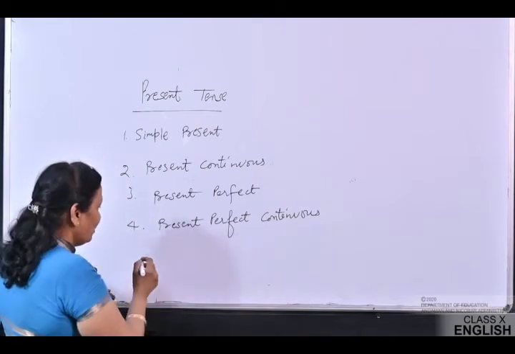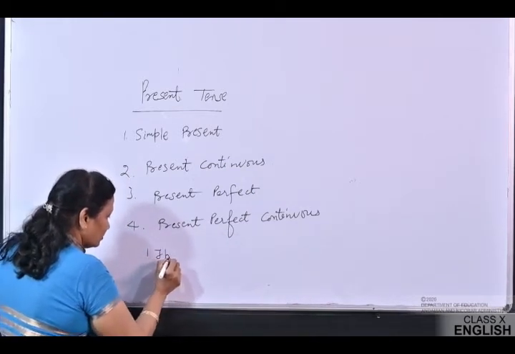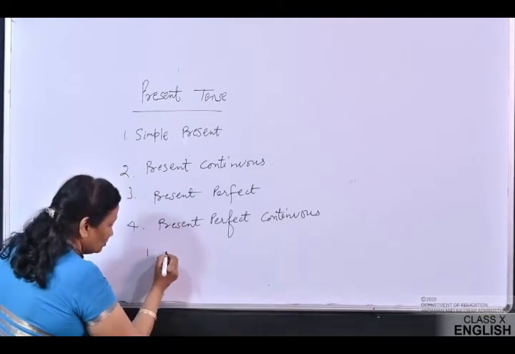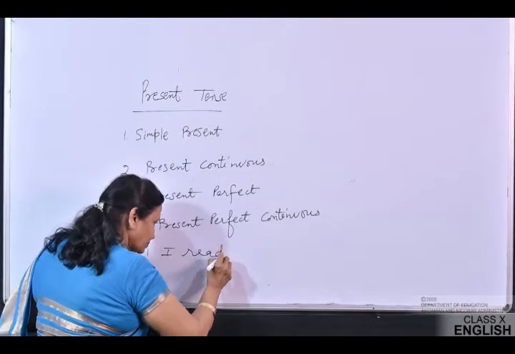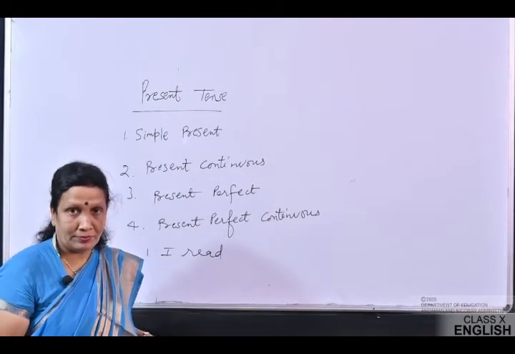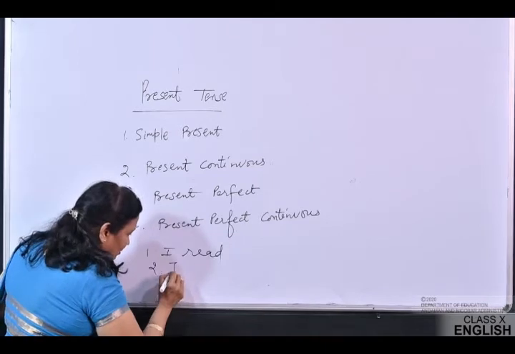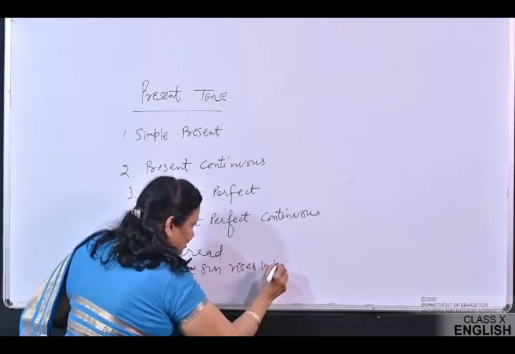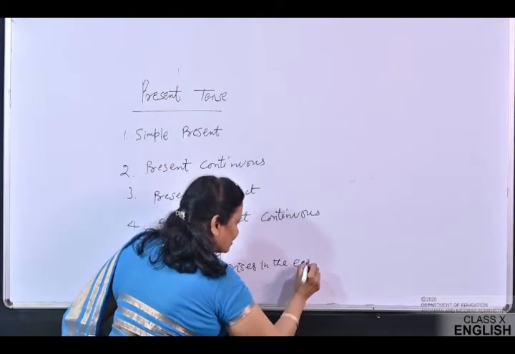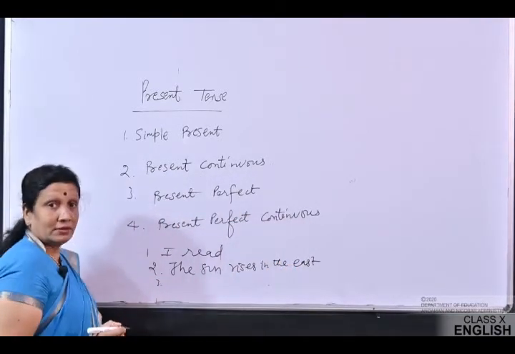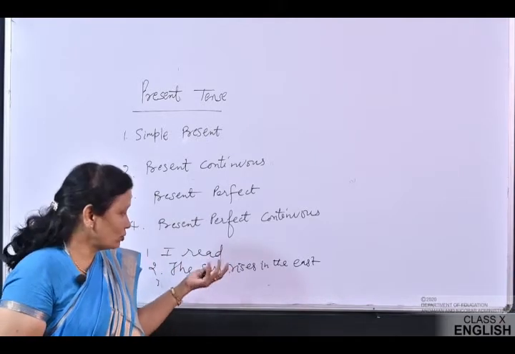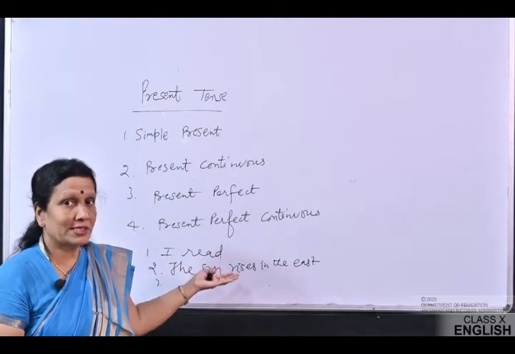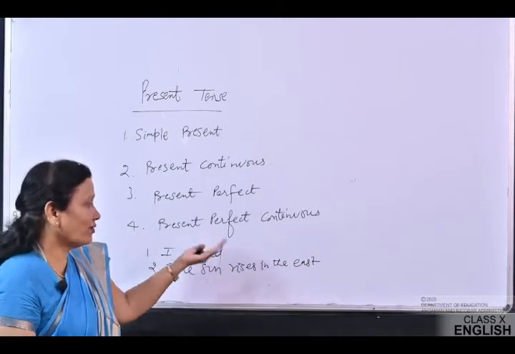For example, I told you I read, that means I read now. The sun rises in the east. The sun will never rise from the west. So this is the universal truth. So the sun rises in the east.